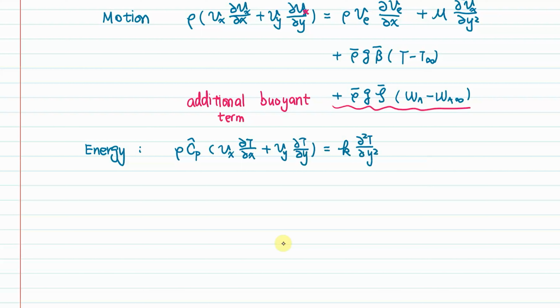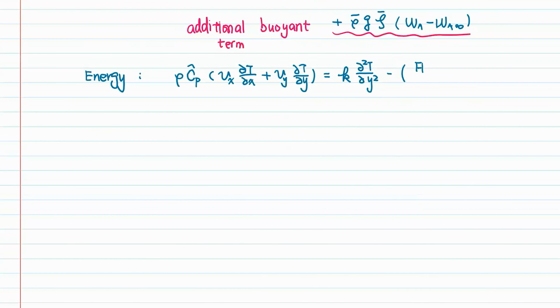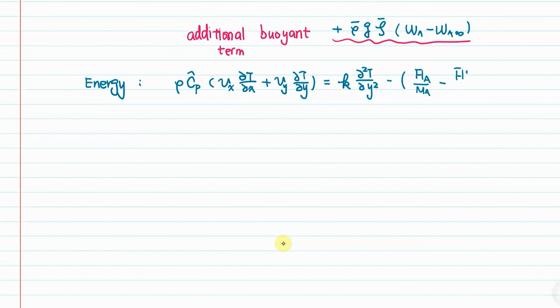And then we have chemical heat source. So let's say if there's chemical reaction, we want to include that. So it would be the formation enthalpy of the reactant species A over its mass minus that enthalpy for the other species B over its mass times the reaction rate.